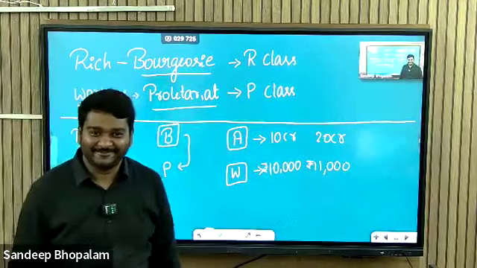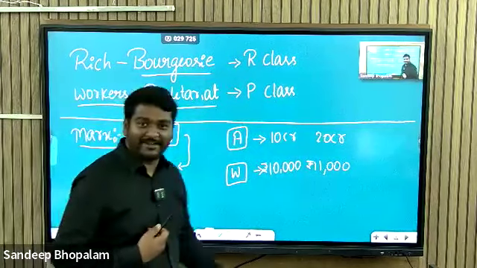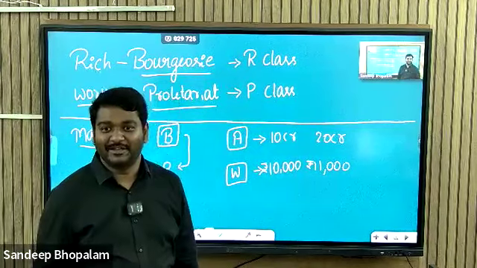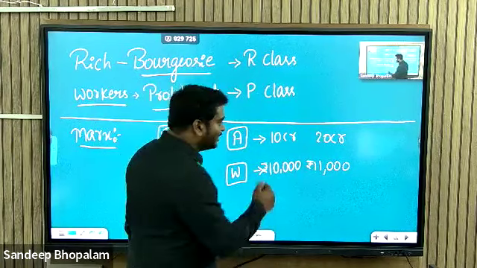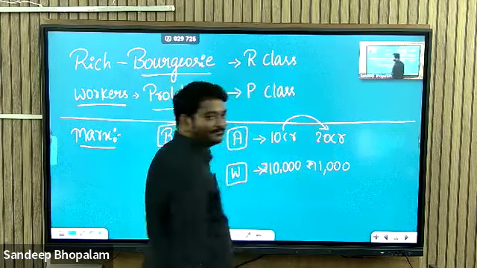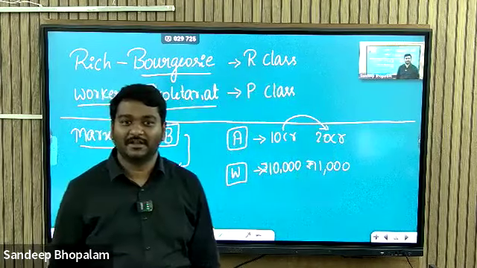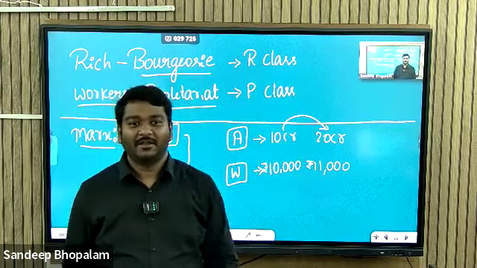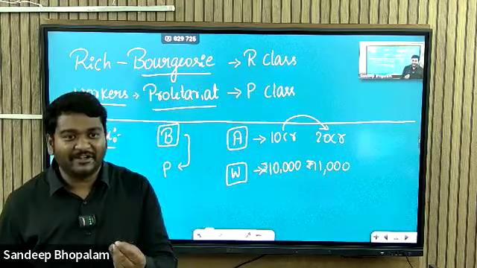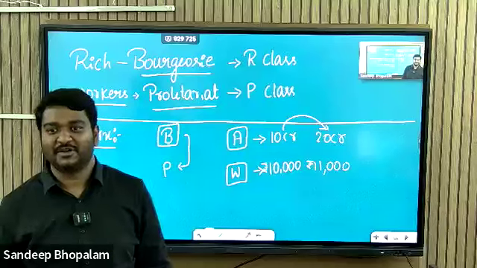The worker is very happy. Last year I got 10,000, the company gave me a hike, I'm very happy, I got 11,000. But how much did the company earn? 20 crores. Who is getting more benefits? Some people went and asked, sir, 11,000 is not enough.